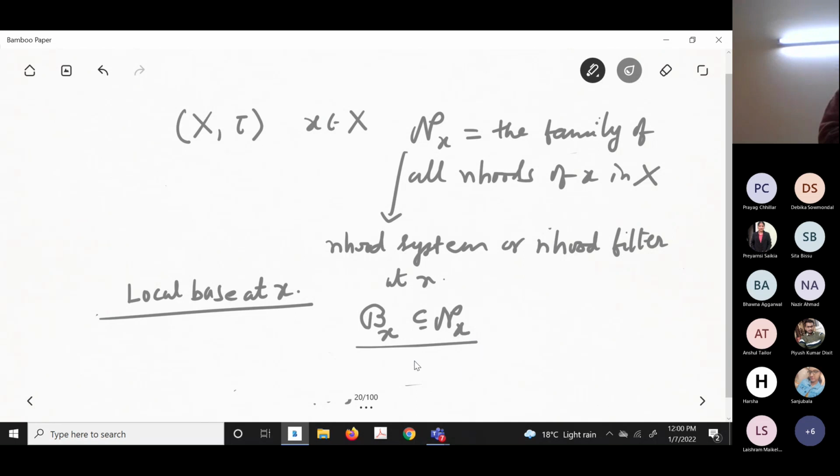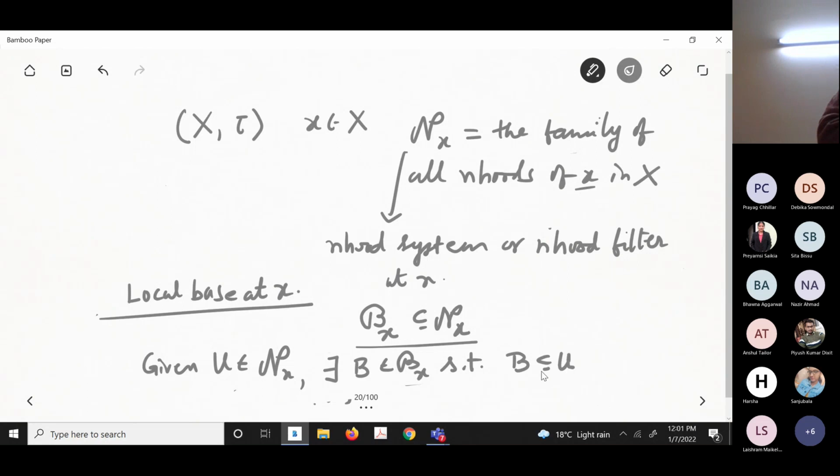The definition is that given U belonging to N_x, I am only fixing my mind on the point x, there exists B belonging to B_x such that B is a subset of U. Suppose you have it, then B_x is called a local base at x.